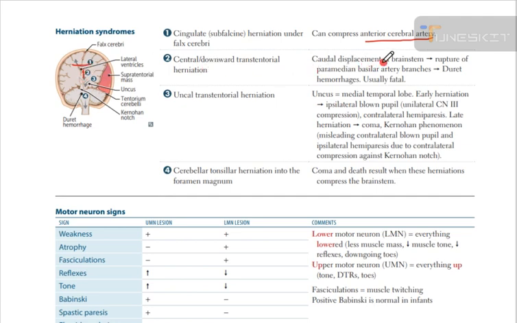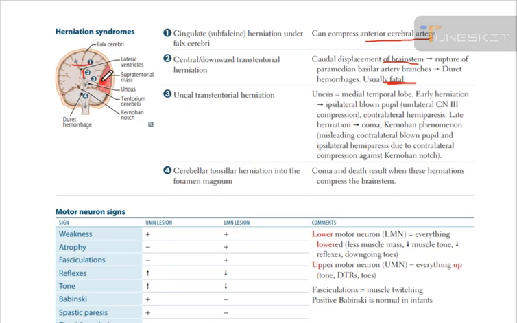There is caudal displacement of the brainstem, rupture of paramedian basilar artery branches, and Duret hemorrhages. It is usually fatal. The third one is uncal transtentorial herniation.